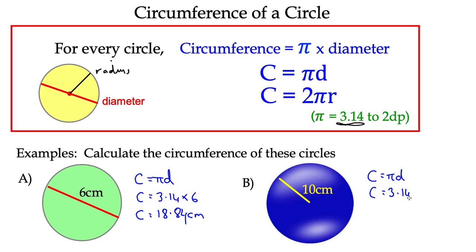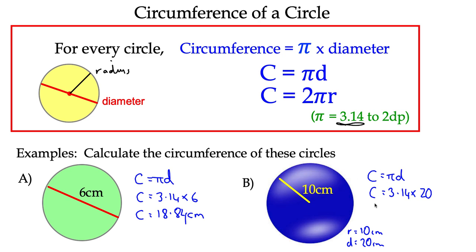Now watch this. Always check the dimension you're given. This line here only goes from the middle to the edge. That's a radius. So in order to use a diameter, you just have to double it. Most of the time, you can do that mentally, but you might want to write, oh look, r equals 10, so d equals 20. If it's a more complex number, you might want to do a little bit of working.